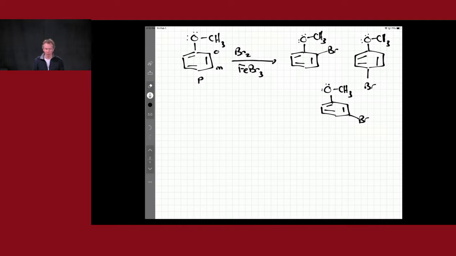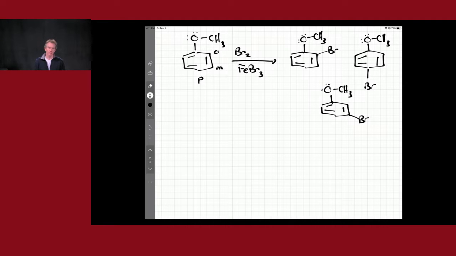The way that we're going to rationalize these effects of strongly activating, so a rate that's faster than benzene, and the major products that we get out of these reactions, is by looking at the arenium ion intermediate.